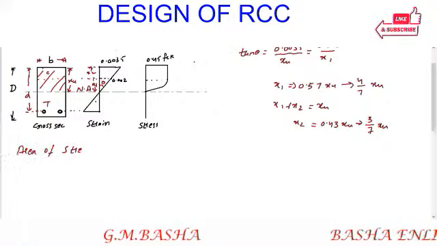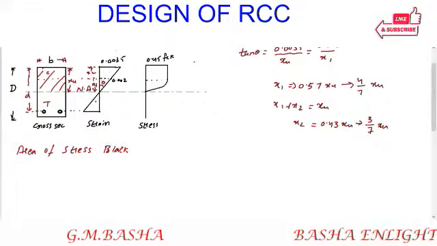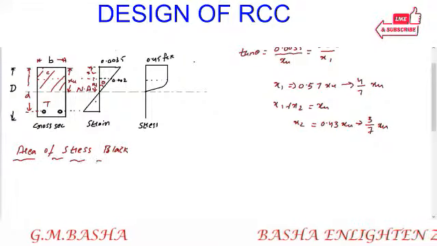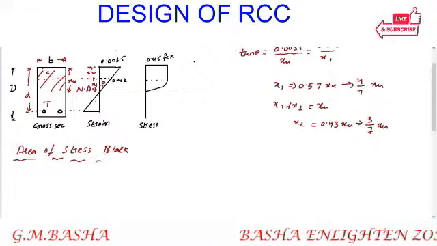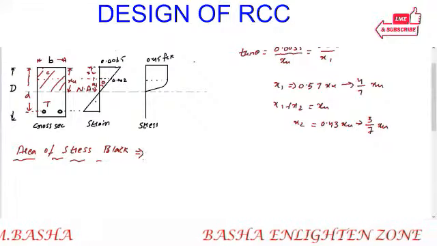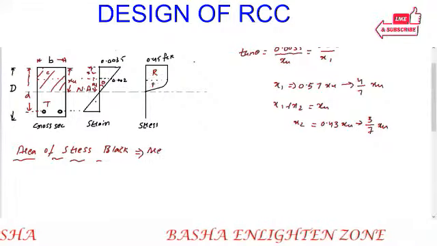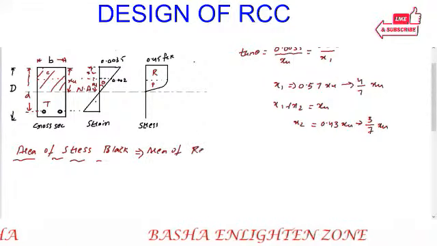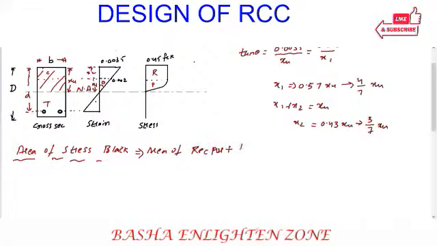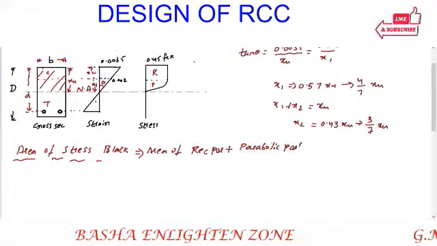Area of this stress block means, in the stress diagram, I am going to find this entire area. To find the area of this stress block, divide it: this part will be rectangular and this one will be parabolic. So the area of the rectangular portion plus the area of the parabolic portion.